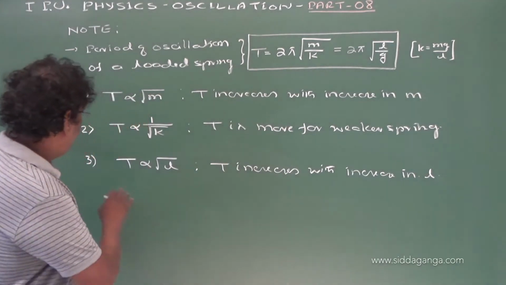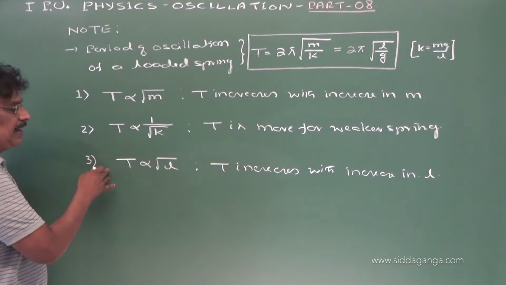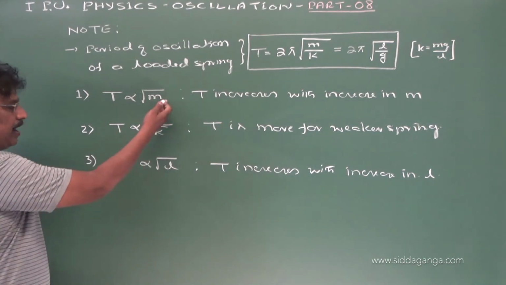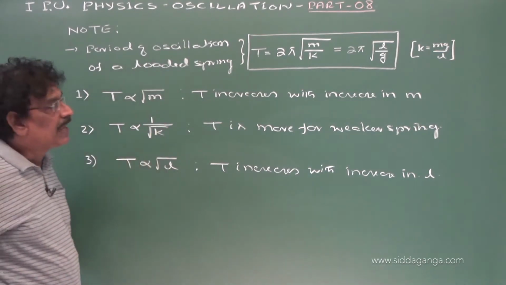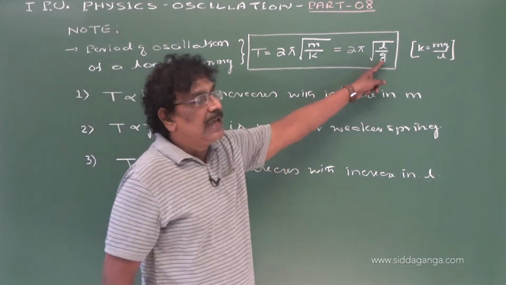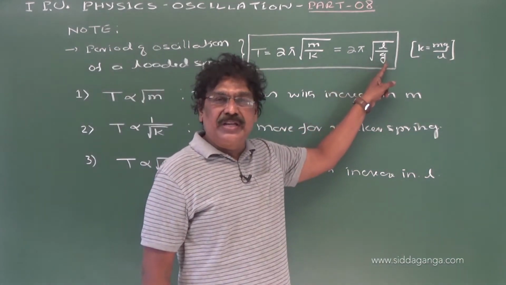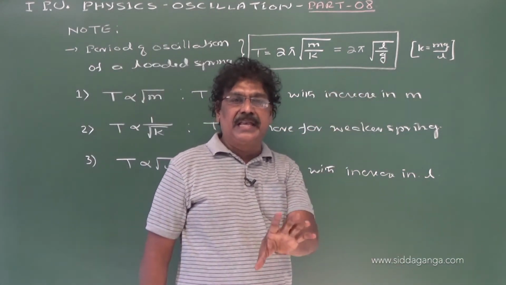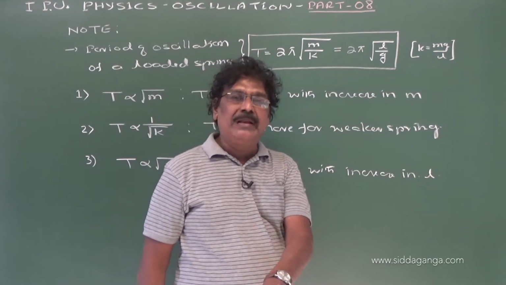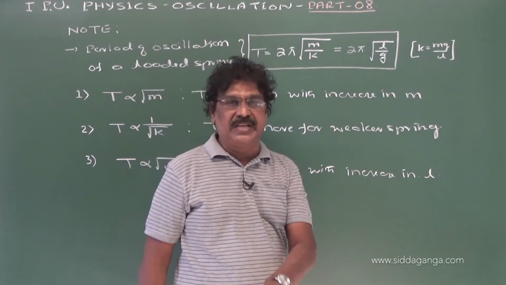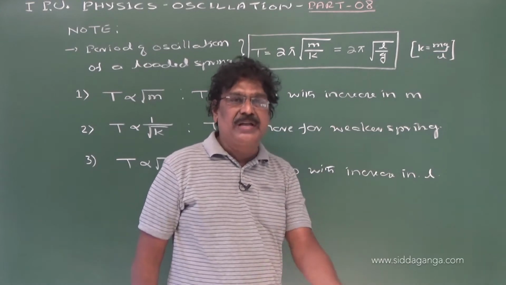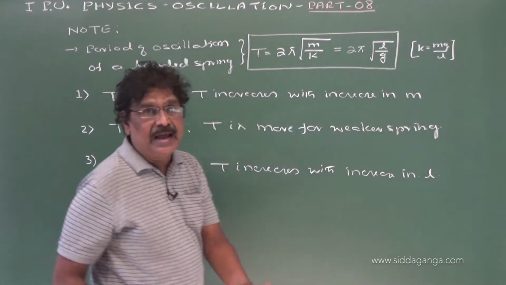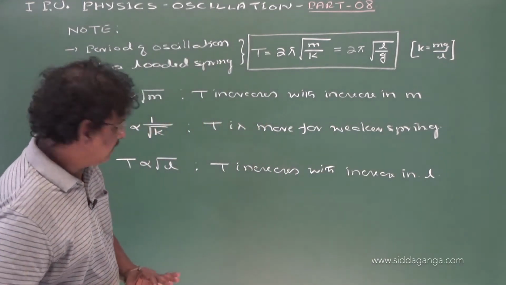This is how time period depends upon mass, k and L. And of course here acceleration due to gravity g is constant at a given place. Its value will be changed only if we change the place. That usually won't happen generally. At a given place g is constant.